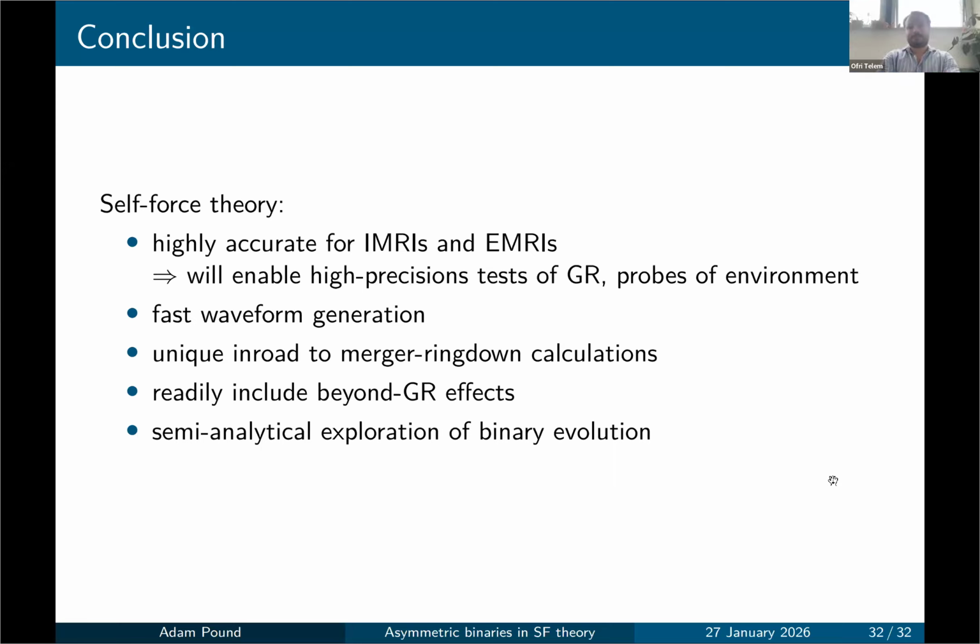And that has led to massive gains in our speed, because the problem Ofri is referring to is that if you expand everything in spherical harmonics, then you go to second order, you have coupling between all these different harmonics, and you end up needing basically infinitely many of them near the particle.